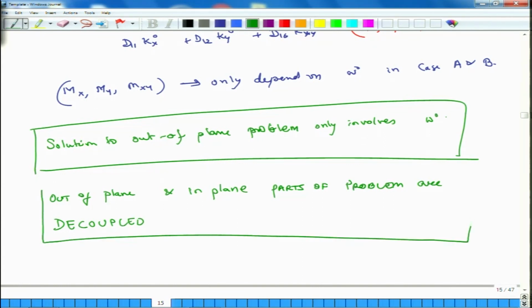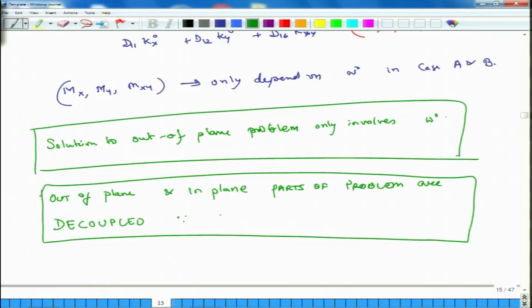The out of plane part of the problem and the in plane part of the problem are decoupled. The solution for W does not influence the solution for U and V, and the solution for U and V does not influence the solution for W. This is happening because of the lamination sequence, because this B matrix is 0. Okay. B matrix is 0.